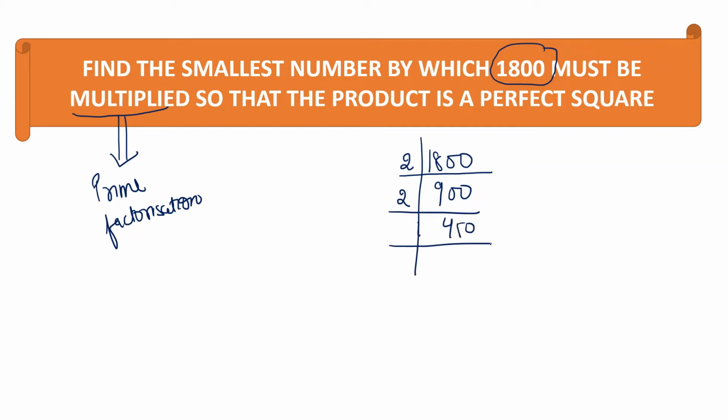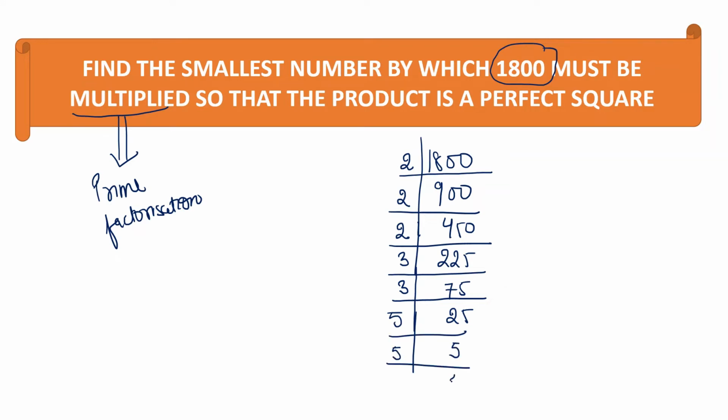It is again divisible by 2, 225, divisible by 3, 75. It is again divisible by 3, 25, 5, 5, 5, 1.